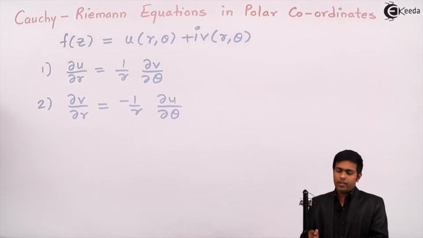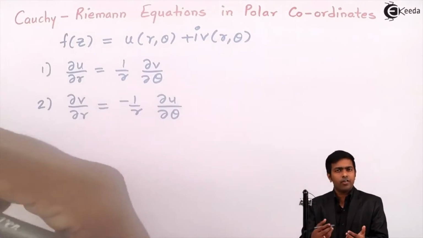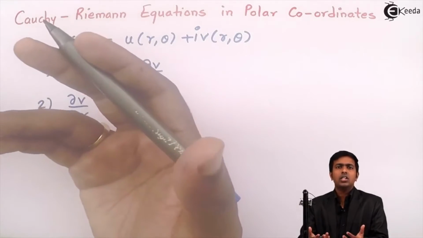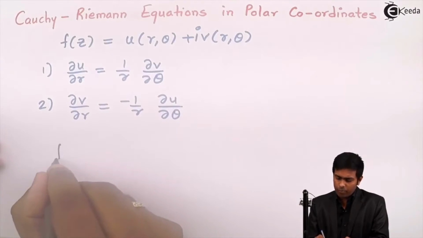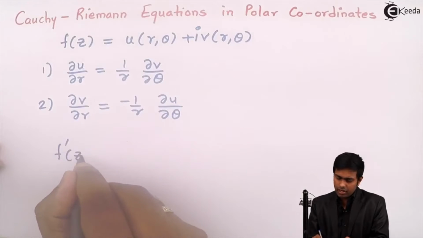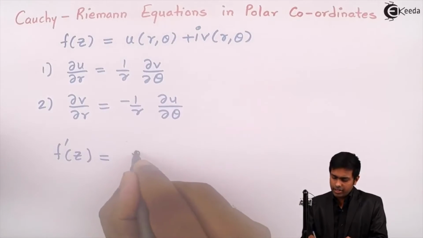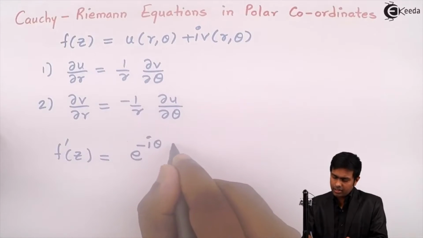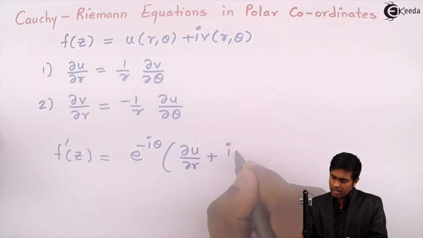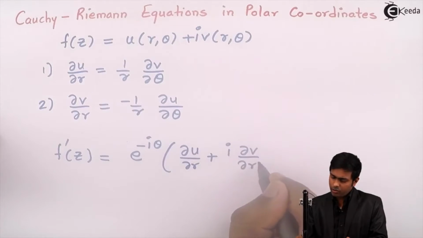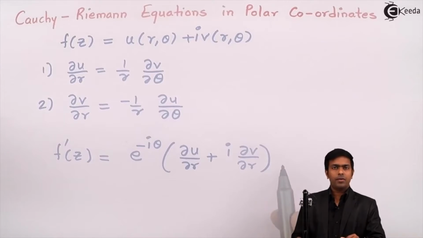Now guys, if f of z is an analytic function, then we can find the derivative of such an analytic function by using a standard formula as well. So what is the formula? The formula to get f dash of z, or the derivative of f of z, is e raised to minus iθ times (∂u/∂r plus i ∂v/∂r).